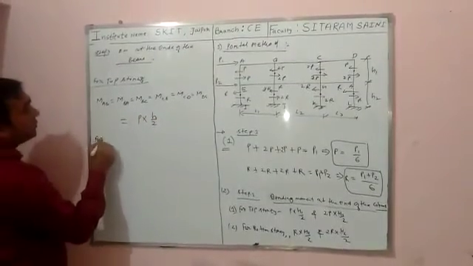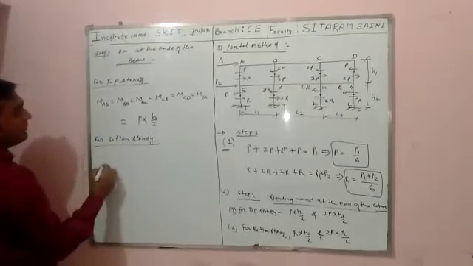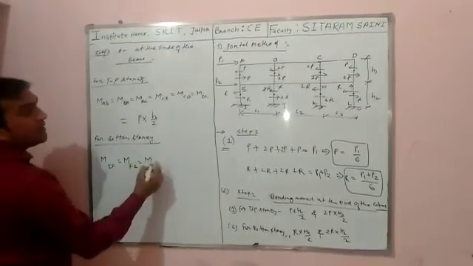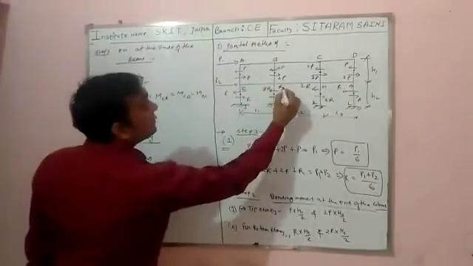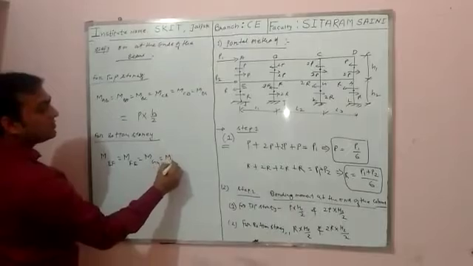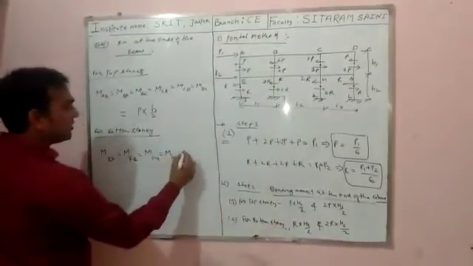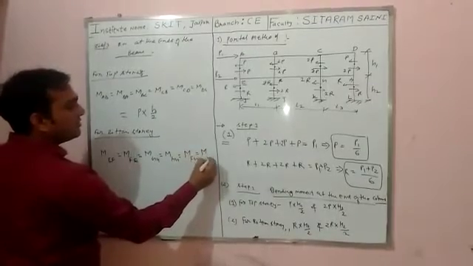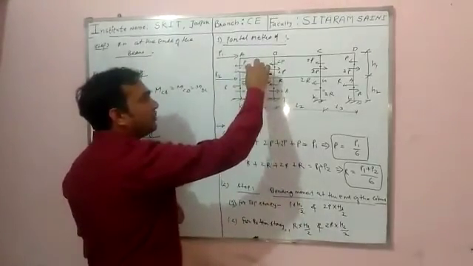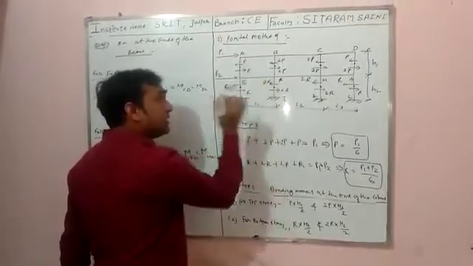Now for the bottom story, moment MEF equals MFE equals M, and similarly for FG and GH. At the end of this column we need the moment, so P into H1 by 2 in the clockwise direction, and next R into H2 by 2, again in the clockwise direction.